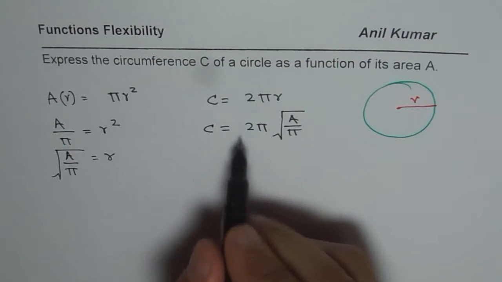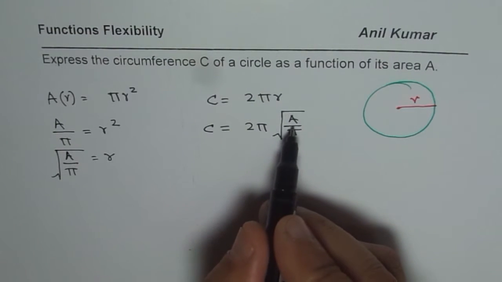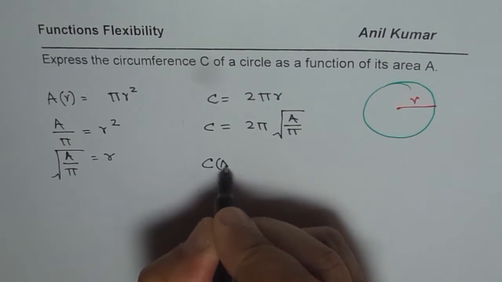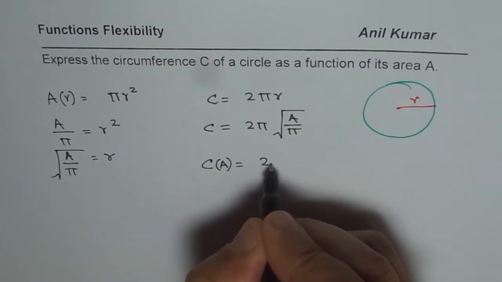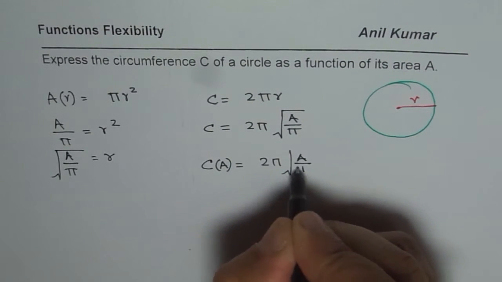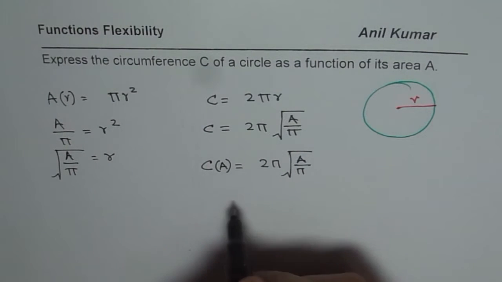Now, in this particular formula, you will observe that circumference can be written as just a function of area. Right? So we could write circumference as a function of area equals 2 pi square root of area over pi, right? So that is one way of writing. Of course, you can simplify, correct?